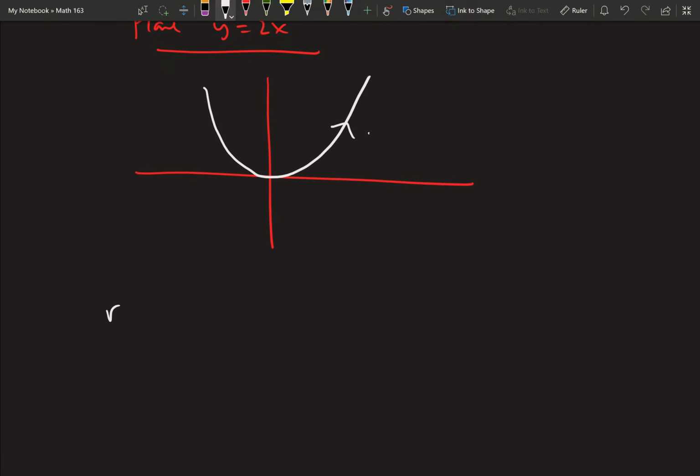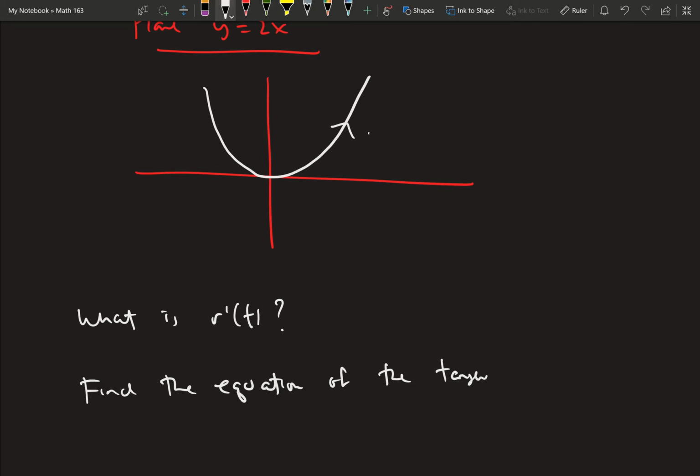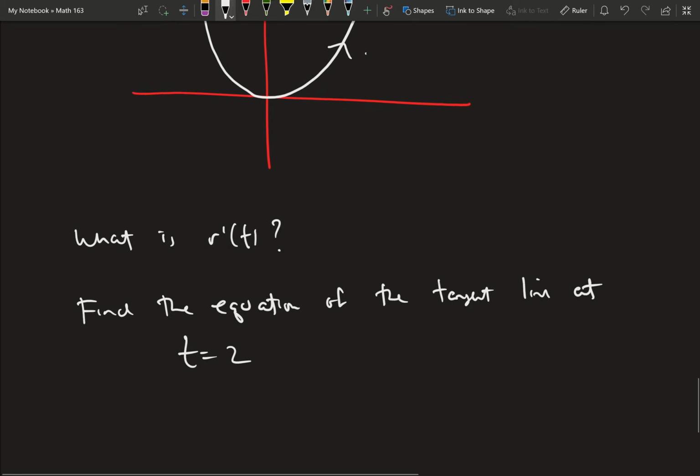I want to know, say, r prime, what is the derivative? So two questions. What is r prime of t in general? And let's take a point. We want to find the equation of the tangent line at some particular point, say t equals 2.